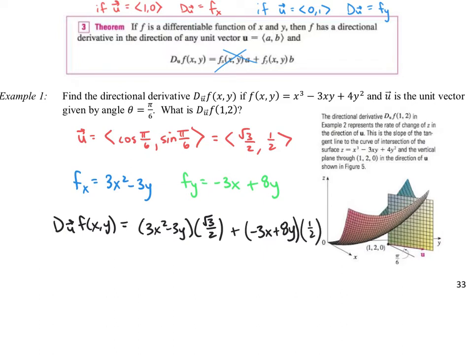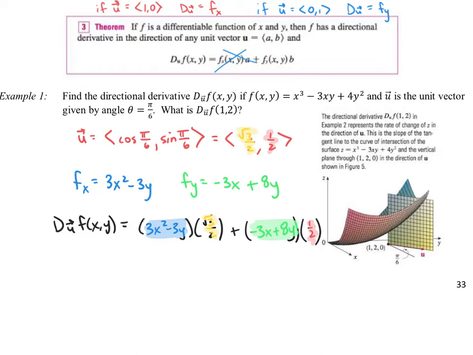So you can see that as we're looking at each of the parts, this is the partial derivative with respect to x, this is our partial derivative with respect to y, and then we have our value a and our value b. And so we put all of those items together based on our formula above.